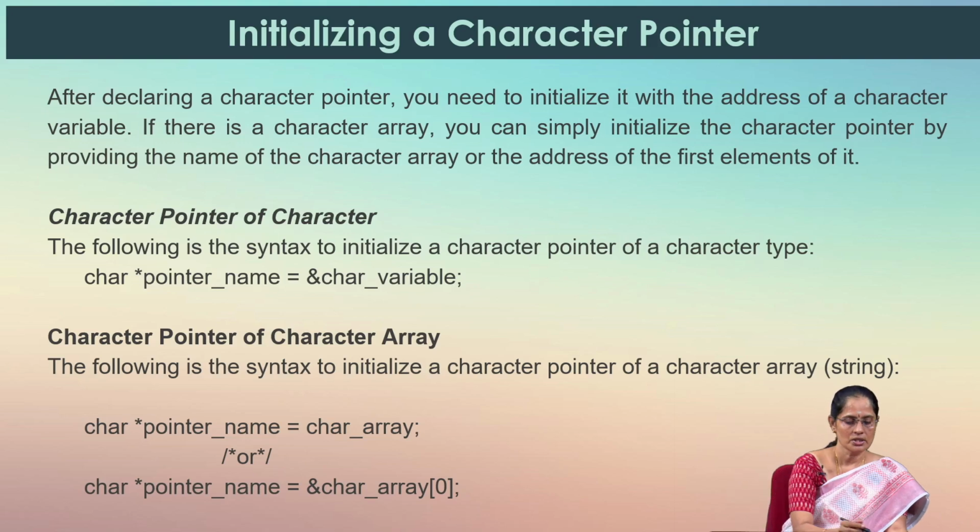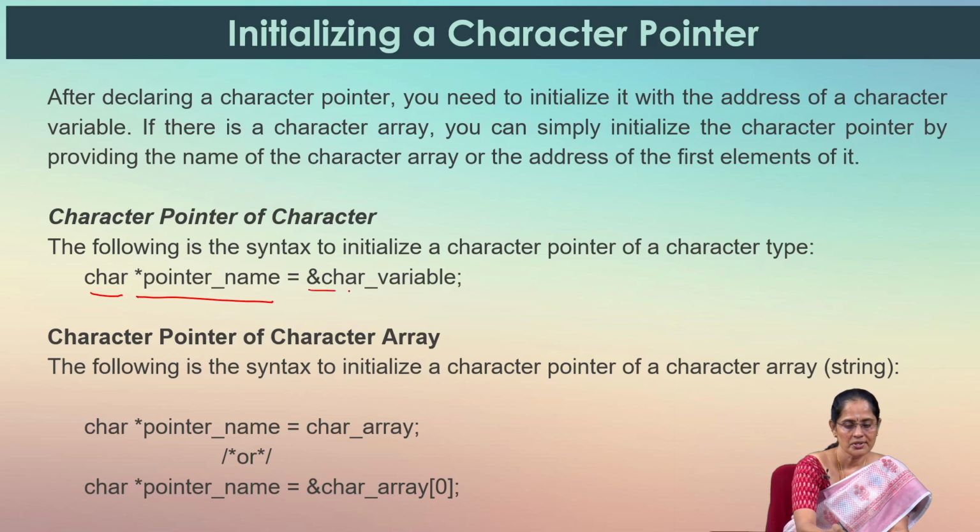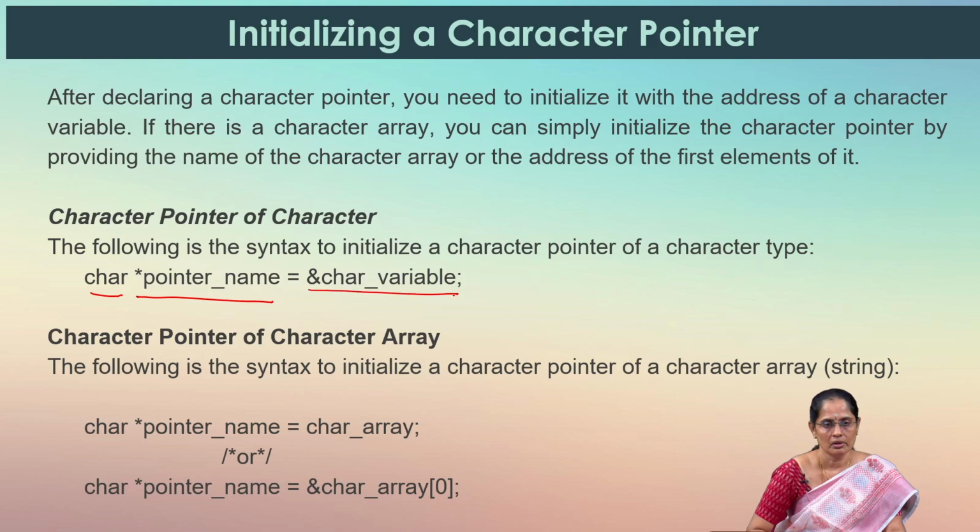The declaration statement would be: data type char, because it is a character pointer, then asterisk, then the pointer name, which is a user defined name, equal to ampersand and the character type variable. The ampersand symbol will let us get the address of that particular character type variable.